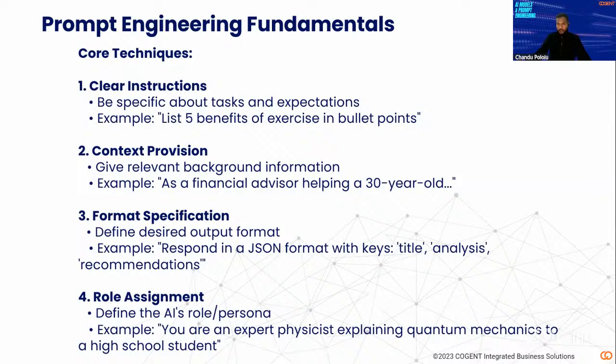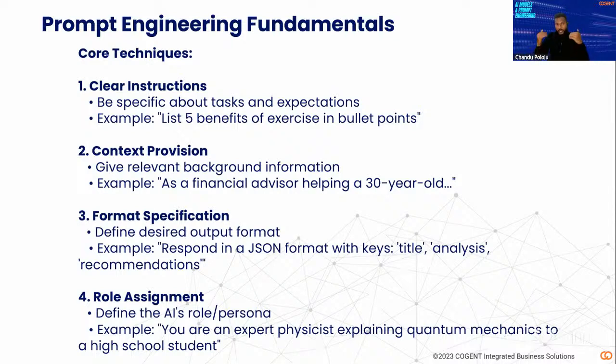Let's continue with role assignment. In the example, you are an expert physicist explaining quantum mechanics to a high school student. Quantum mechanics is a very high-level topic for a high school student, so the AI will adjust its response to that.